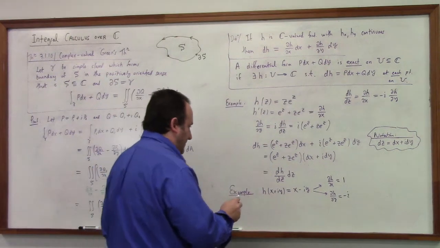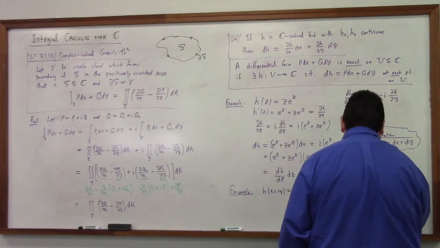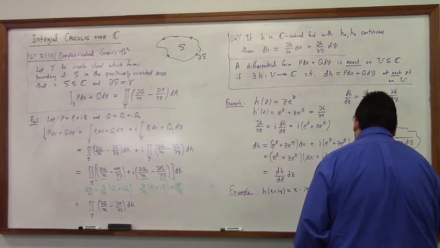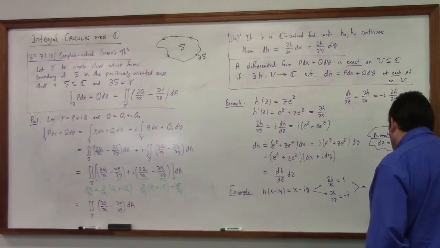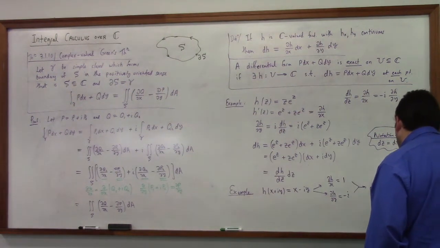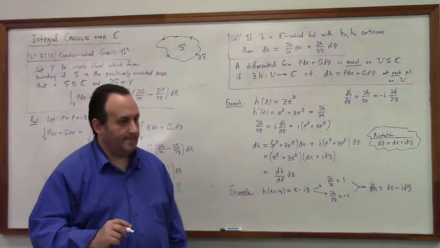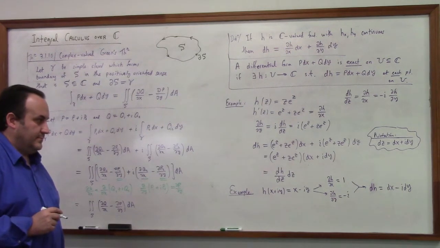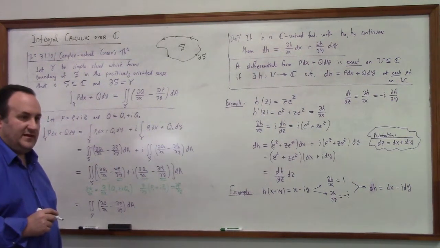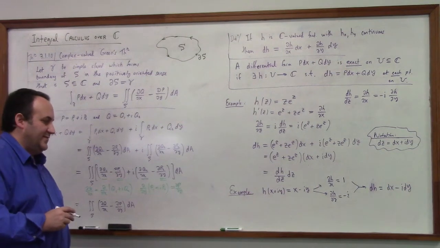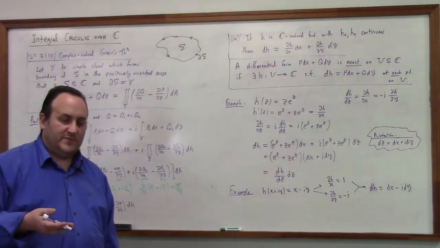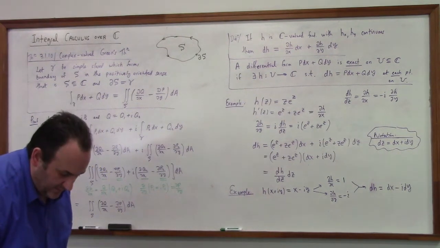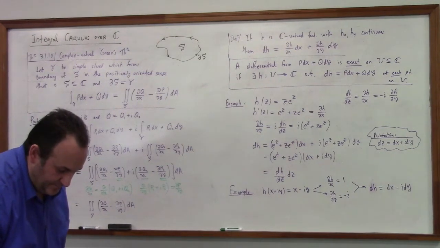And so what's dh? dh here is dx minus i dy. It is not equal, and you can't write that as dh dz times dz, right? Because, well, dh dz does not exist, right? Because the complex conjugate map is not differentiable.